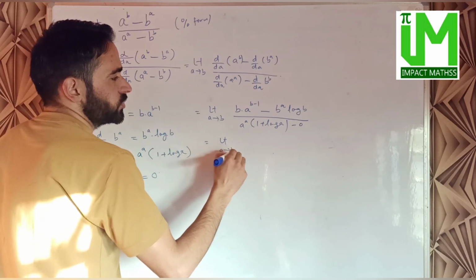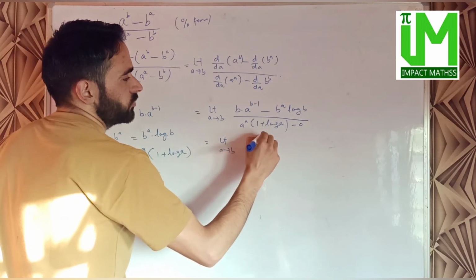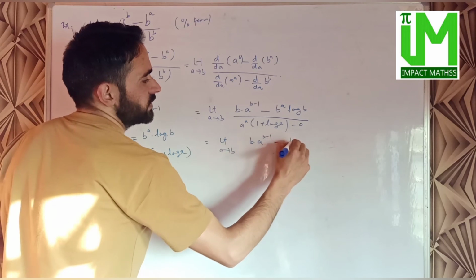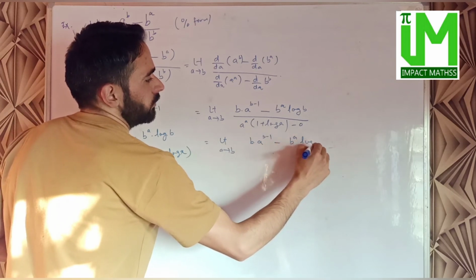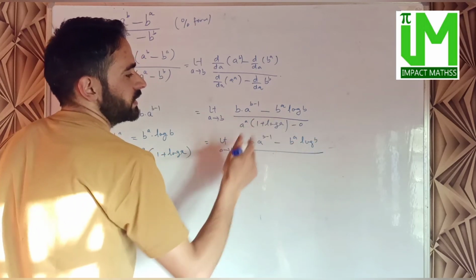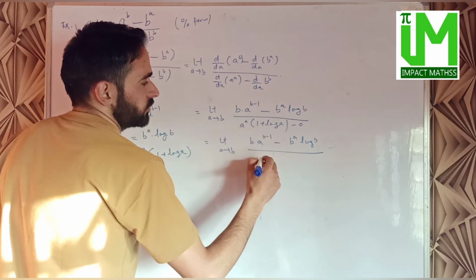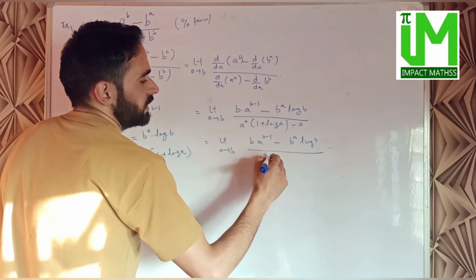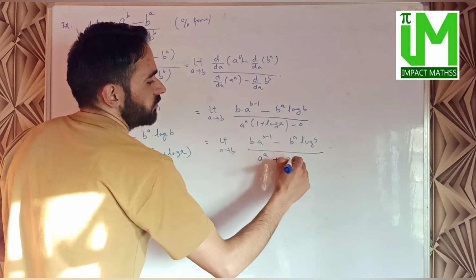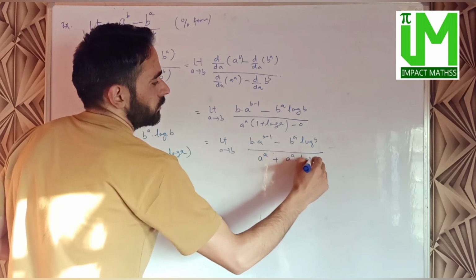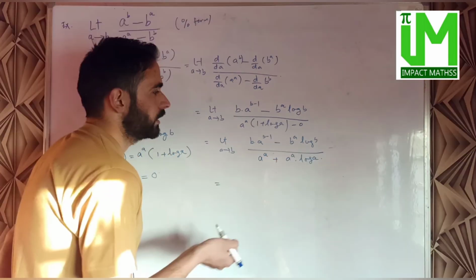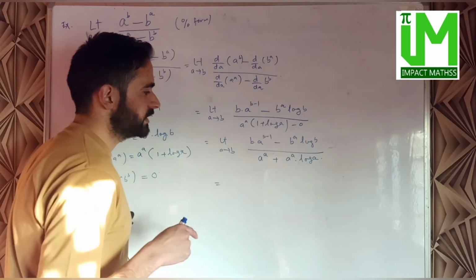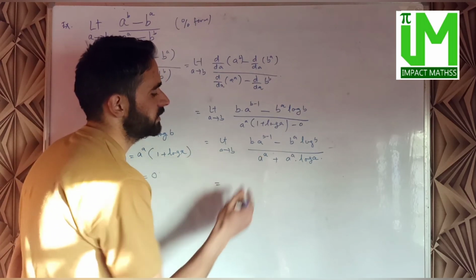So it will be limit a approaches b of b times a to the power b minus 1 minus b raised to power a log of b, divided by a raised to power a plus a raised to power a into log of a, after multiplying a inside. Now I guess the indeterminate form has been avoided, so we replace a with b.